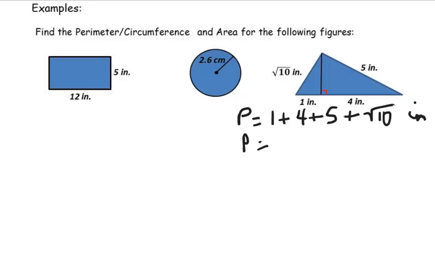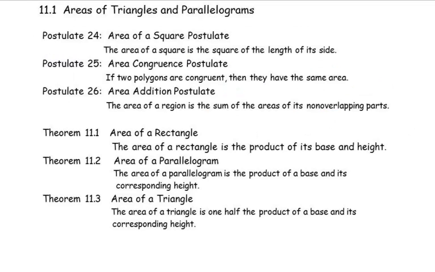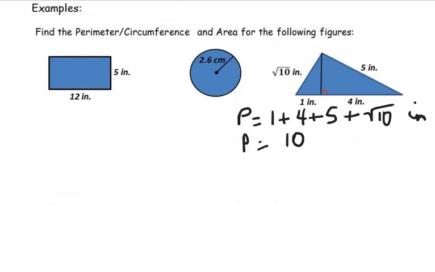So 1 plus 4 is 5 plus 5, that's going to give me 10. Oops, sorry about that. It's 10. And then plus the square root of 10. Now, since 10 and the square root of 10 are not like terms, I cannot add those together. So that would be my answer, 10 plus the square root of 10 inches.